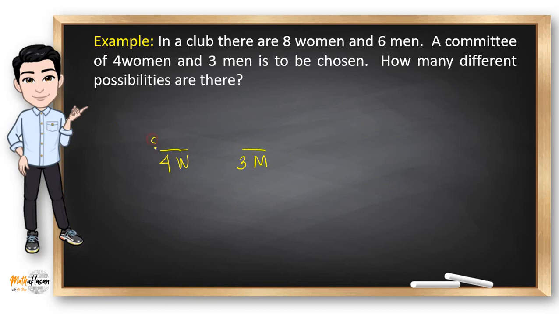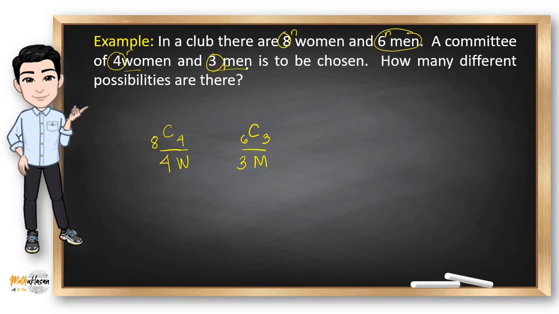So n here is 8 and r is 4, so we have 8C4. Now the other event is for us to choose 3 men from the set of 6. So n is 6 and r is 3, so we have 6C3.